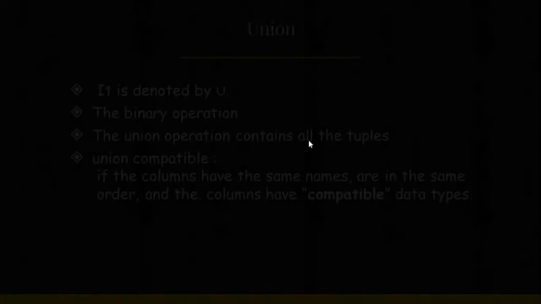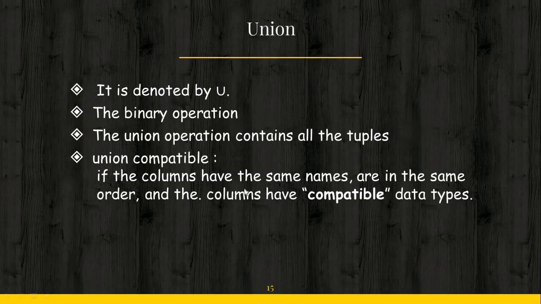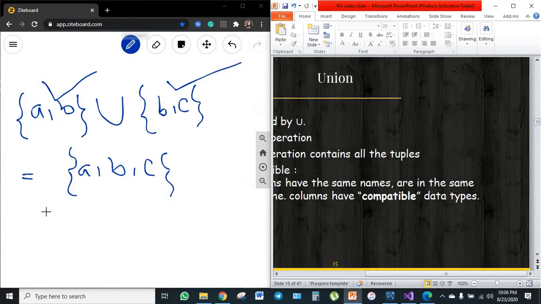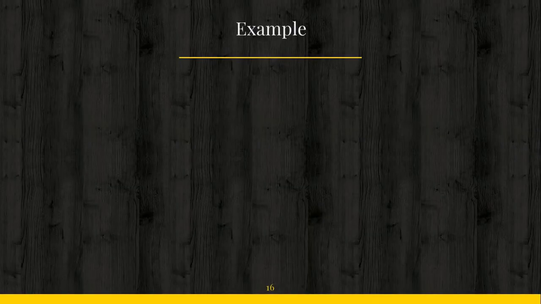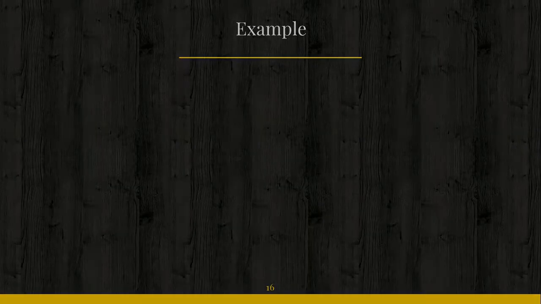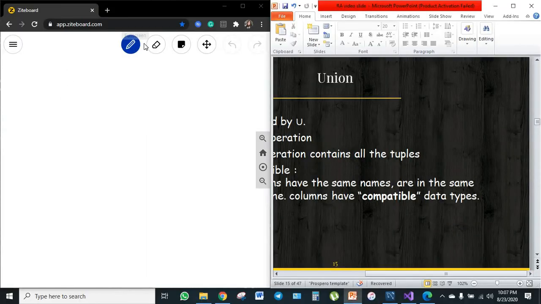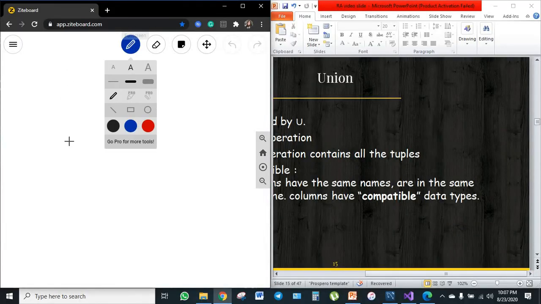So now we have to know what union compatible is. So I am going back to the idea of union compatible. Let's have a look at union compatibility for two table schemas.